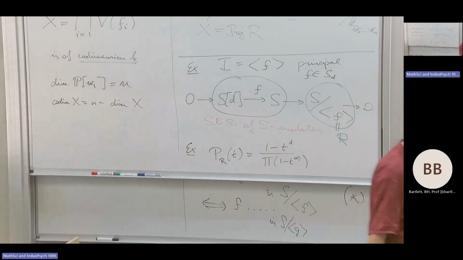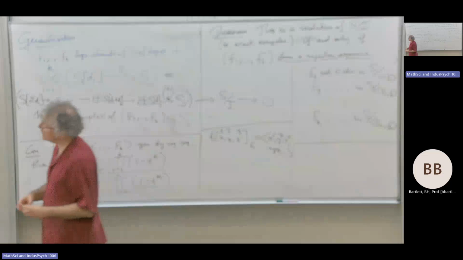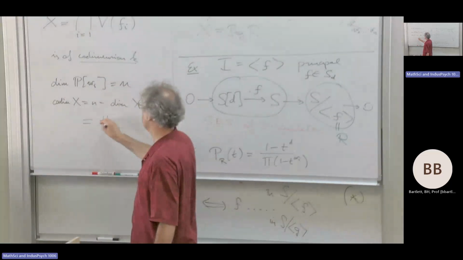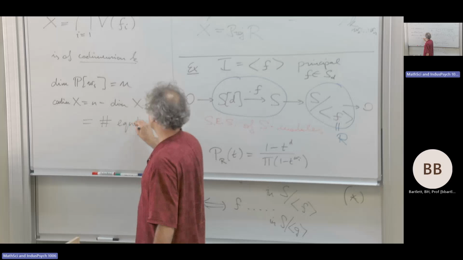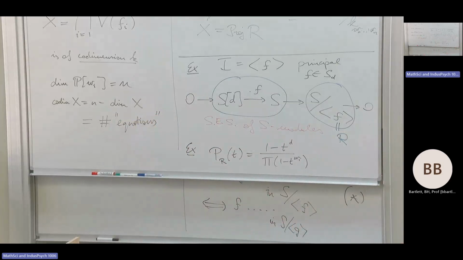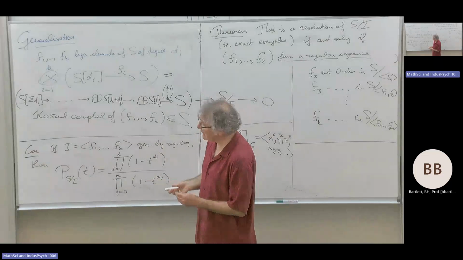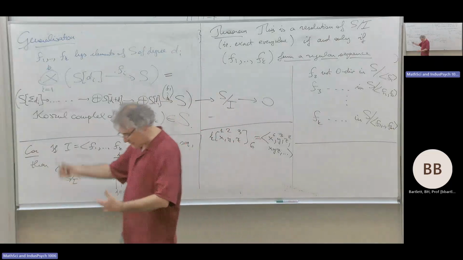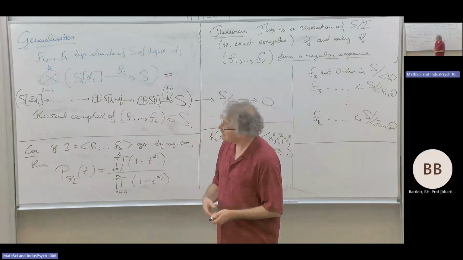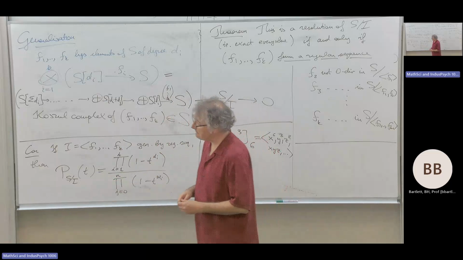So we are saying that this is exactly the number of equations. I take k equations and every time I intersect, it cuts me down in dimension. So that's the geometric meaning.